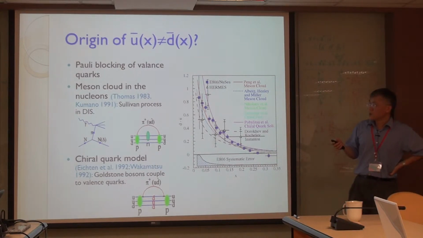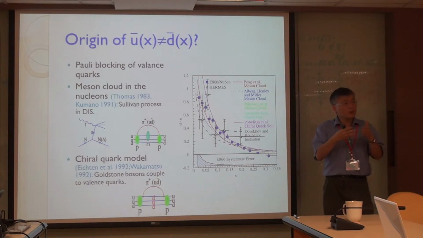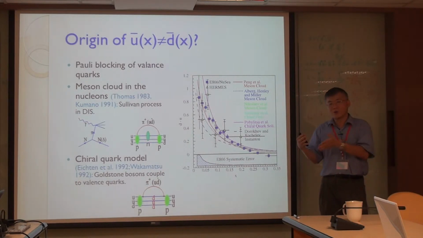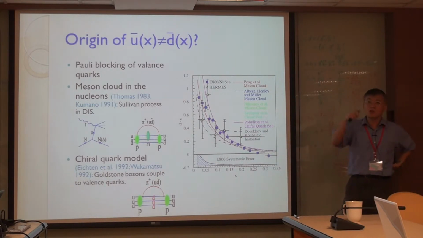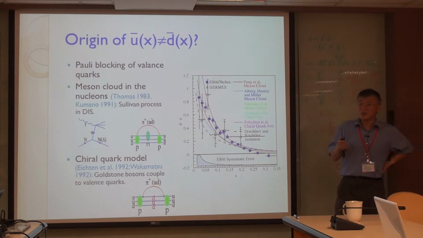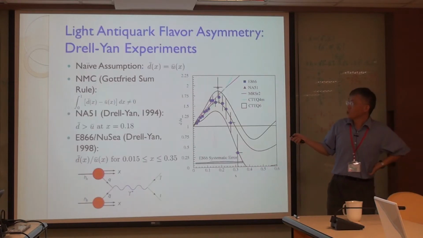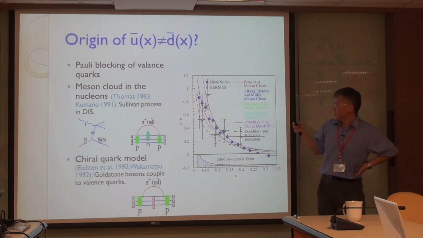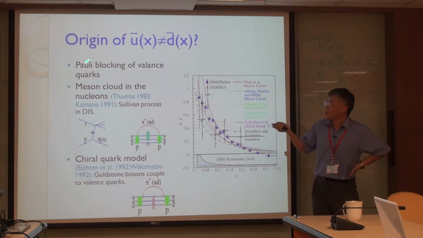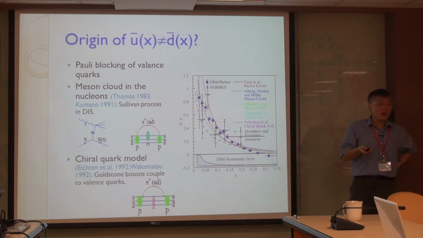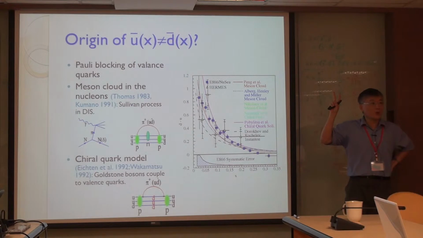Even though I told you the gluon goes to U U bar and the gluon goes to D D bar, originally inside the proton there are already two U and only one D. So the number of U quarks is more than D quarks. So in the phase space there is more Pauli blocking for the U quark than the D quark, because there are already two U valence quarks.